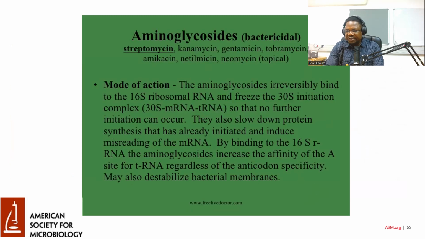We know from our topic 1 that they have bactericidal activity, and they include drugs like streptomycin, kanamycin, gentamycin, tobramycin, amikacin, neomycin, and so on. Their mode of action is that the aminoglycoside irreversibly binds to the 16S ribosomal RNA, and by doing so, they freeze the 30S initiation complex.